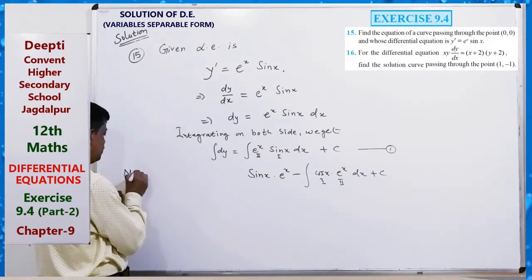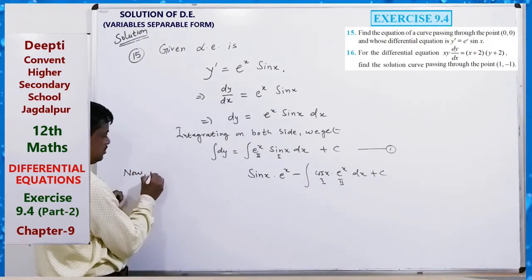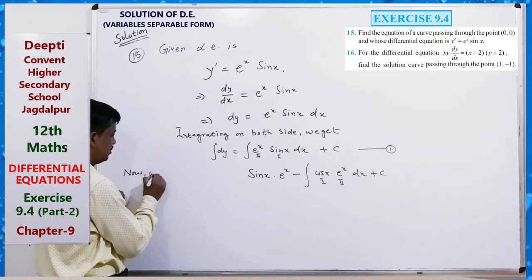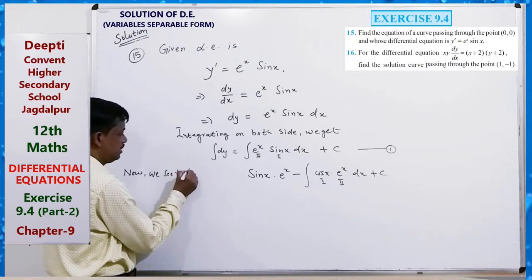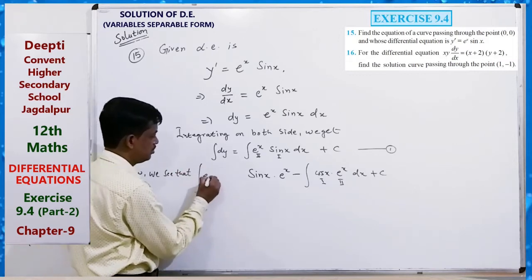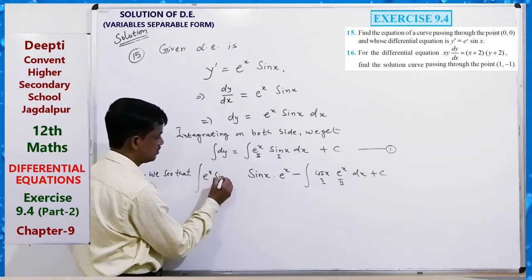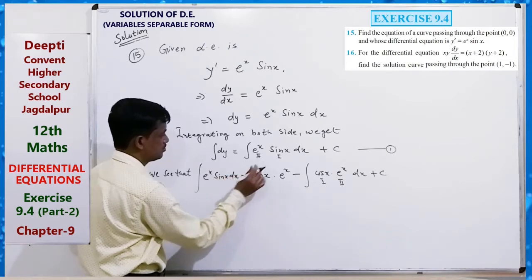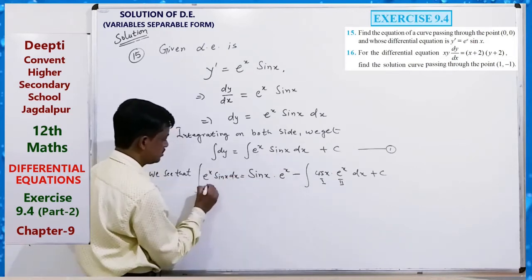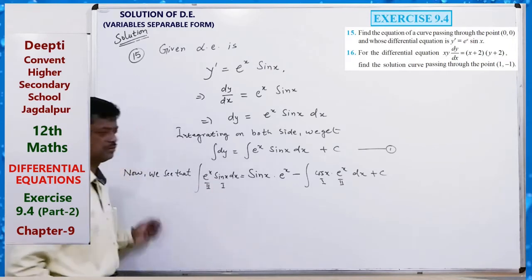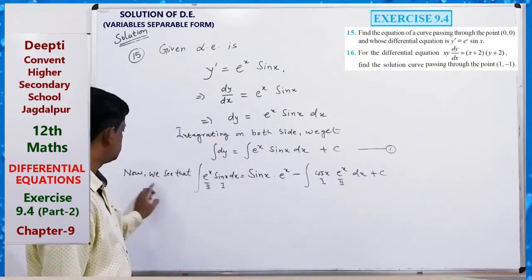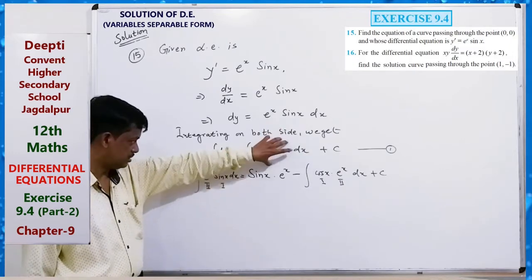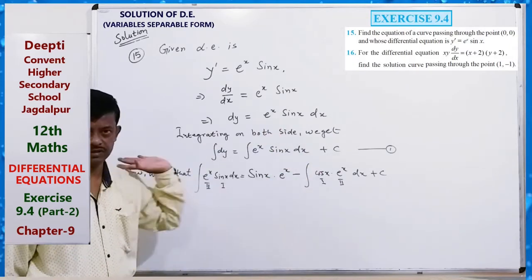Now we see that the integration of e to the power x sin x dx equals this, with this as the second function and this as the first function. Just wait, this is equation 1, and now we see that the integration of this equals this.